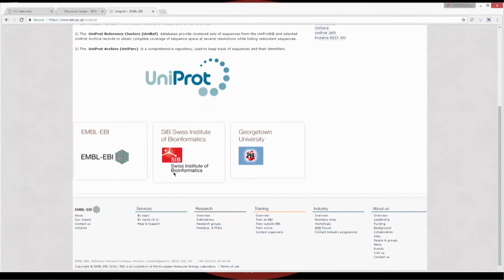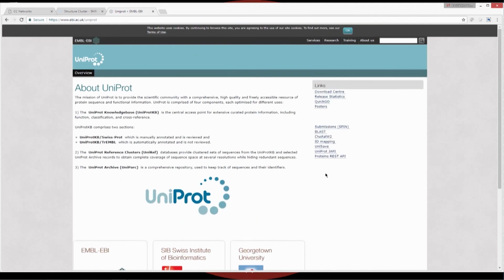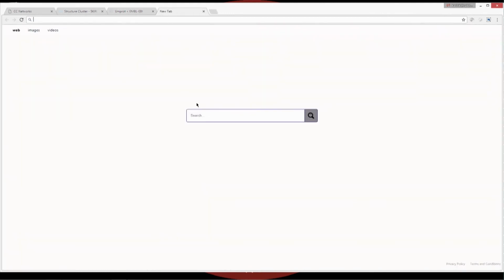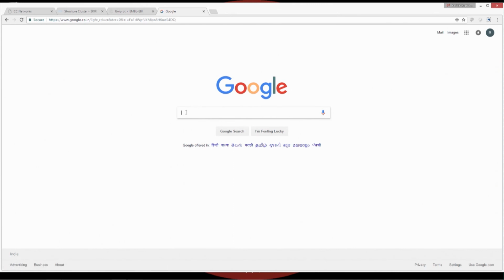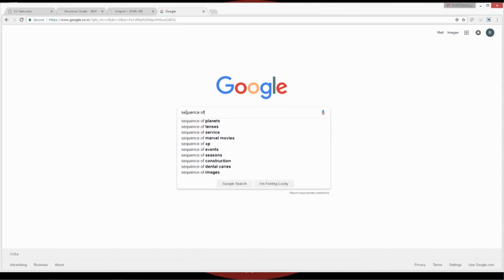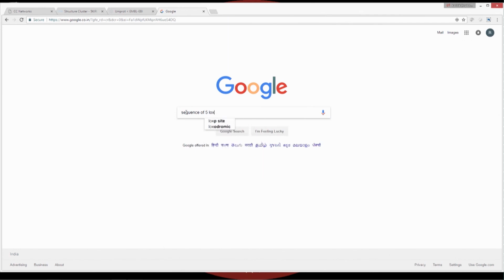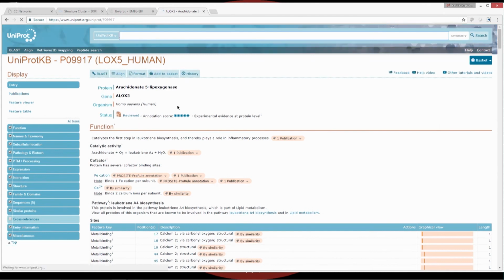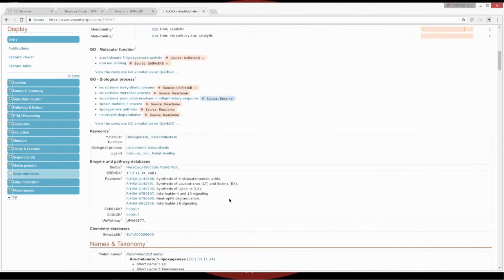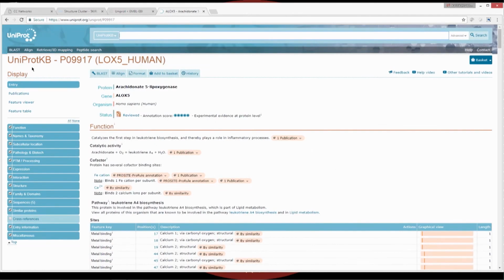Okay, so the 5-lipoxygenase, the sequence is given actually. Sequence of 5-lipoxygenase is given.